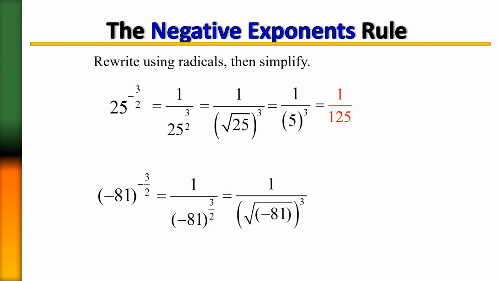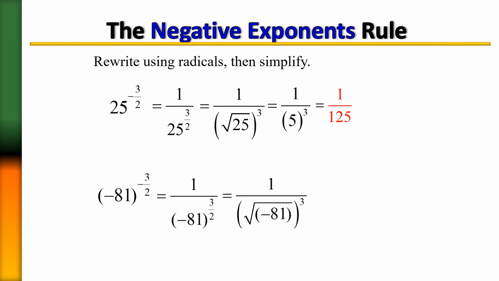So let's see if we can solve the inside of the radical, the square root of negative 81. We have a problem here, Houston. Remember that you cannot have a negative underneath an even root because the answer is not a real number, so you can't even raise that to a 3rd power because it doesn't produce an answer.